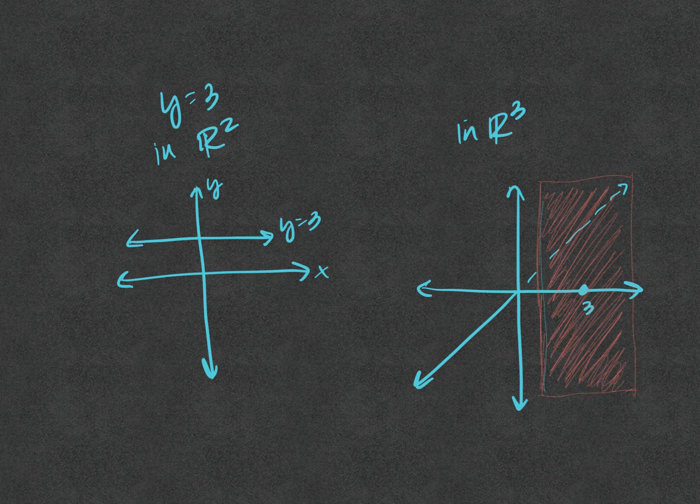You could have the point 5, 3, 2. You could have the point 0, 3, 0. You could have all kinds of things. We kind of draw it to the side of the axis, but it runs parallel to the x-axis and the z-axis, and it goes through y equals 3.